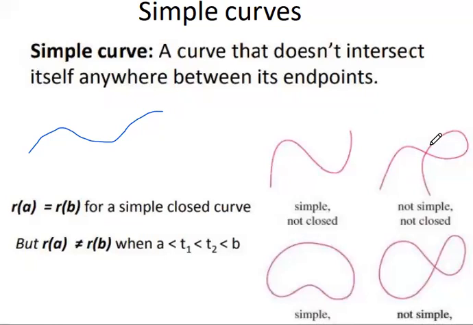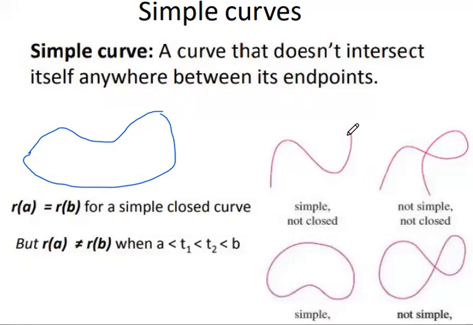And this is not closed. If the path is closed, the starting point and the ending point are the same. This is a closed path. Okay, we understand that. And what is simple? Simple means you don't have these self-intersection parts. If you look, this path is simple.